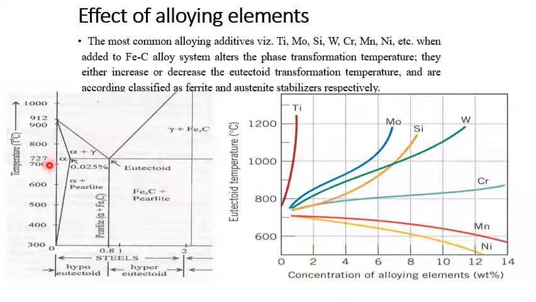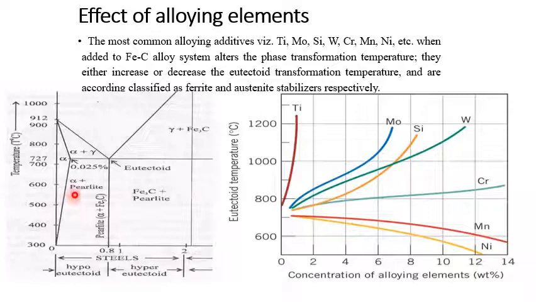For example, in a normal steel which has 0.8% carbon, the eutectoid temperature is 727. If you add nickel, manganese, chromium, tungsten, all these, you can see the way in which they affect the eutectoid temperature.